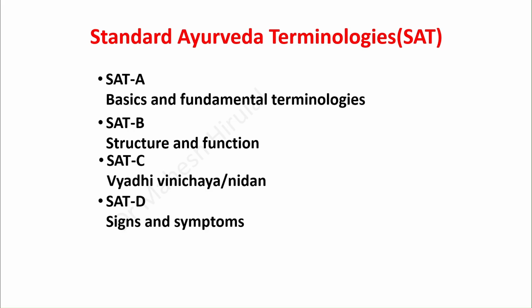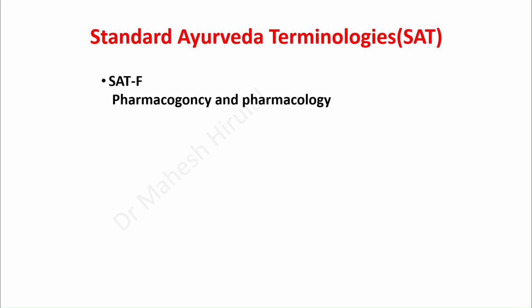SAT-D lists standardized signs and symptoms. SAT-E contains Ayurveda morbidity codes for uniform disease classification. SAT-F deals with pharmacognosy and pharmacology of Ayurveda. SAT-G explains the preparations of medicines in Ayurveda.